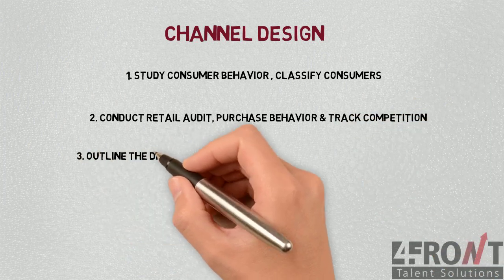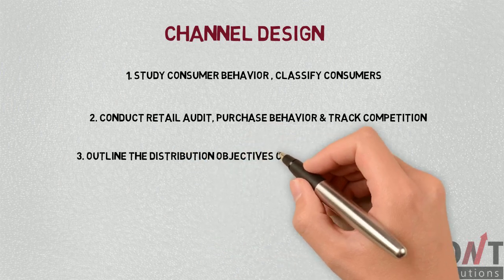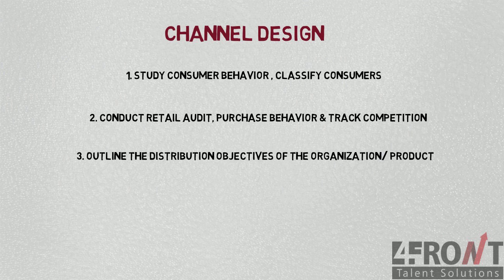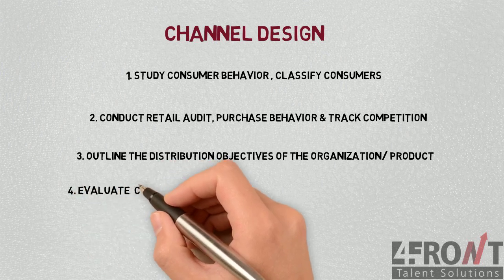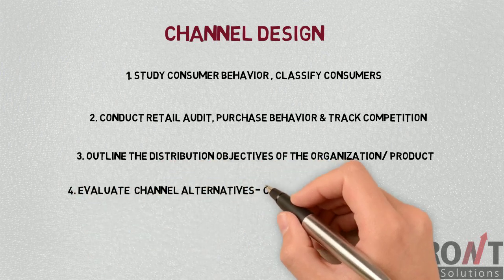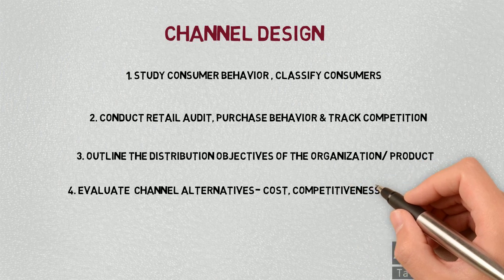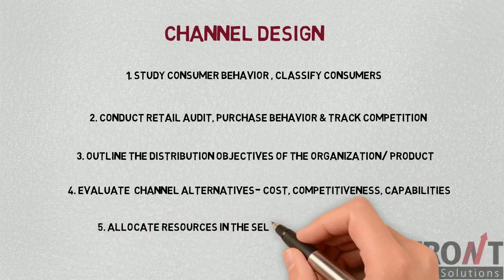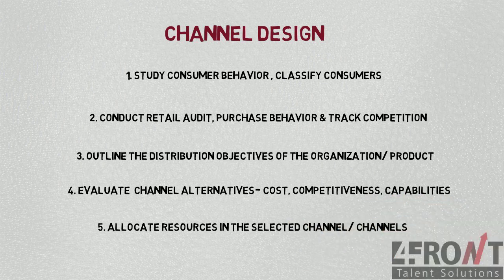Outline the distribution objectives of the organization or your product and assess what are your costs, what are your capabilities. Evaluate the channel alternatives based on cost, competitiveness, and the capabilities, and finally allocate resources in the selected channel or channels.